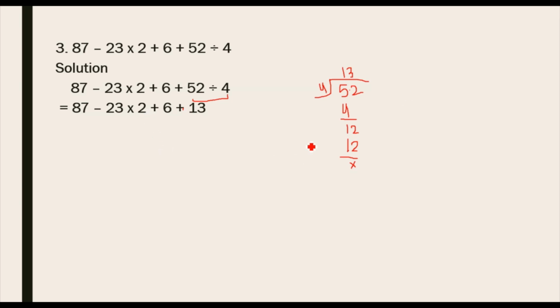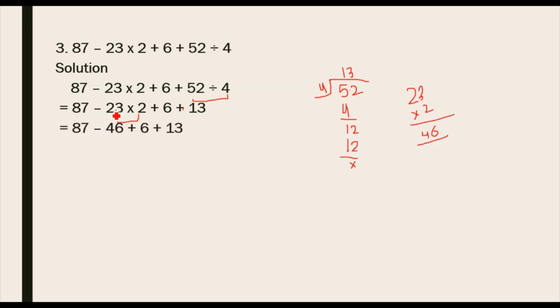So we have to multiply 23 by 2. 2 threes are 6, and 2 twos are 4. So we get 46.